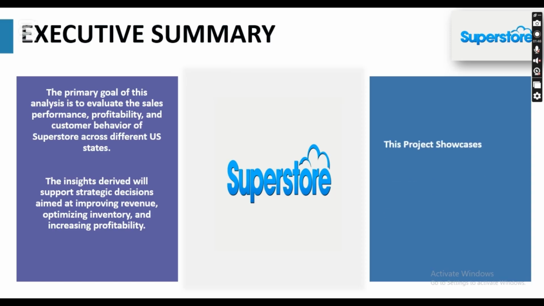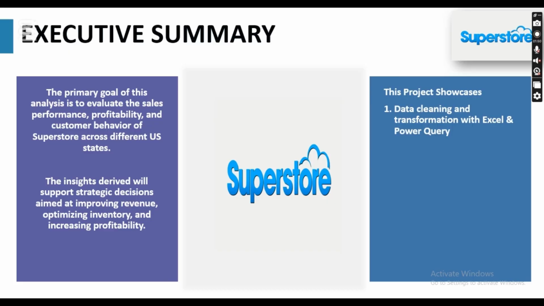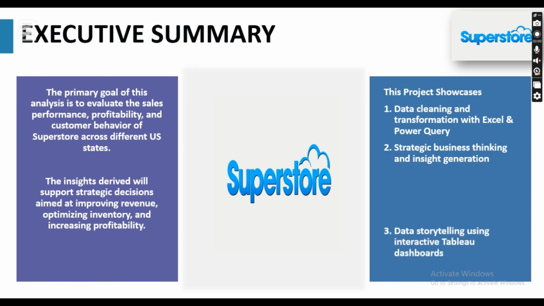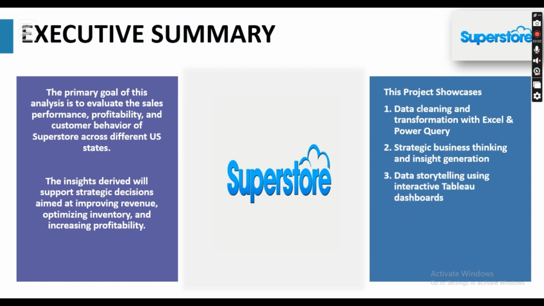And guess what? This project showcases data cleaning and transformation using Excel and Power Query, and also strategic business thinking and insight generation. We also showcase the data story using an interactive dashboard on Tableau. Okay, so let's move on with it.